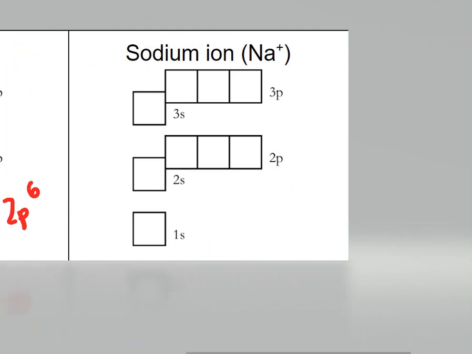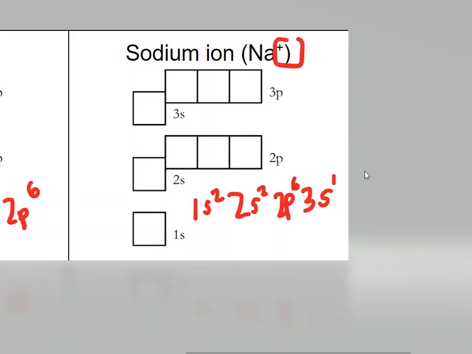Now let's look at a cation instead. So looking at sodium, the normal electron configuration for sodium is going to be 1s2, 2s2, 2p6, 3s1. Now this isn't regular sodium, it's the sodium cation, which means that it has lost an electron.